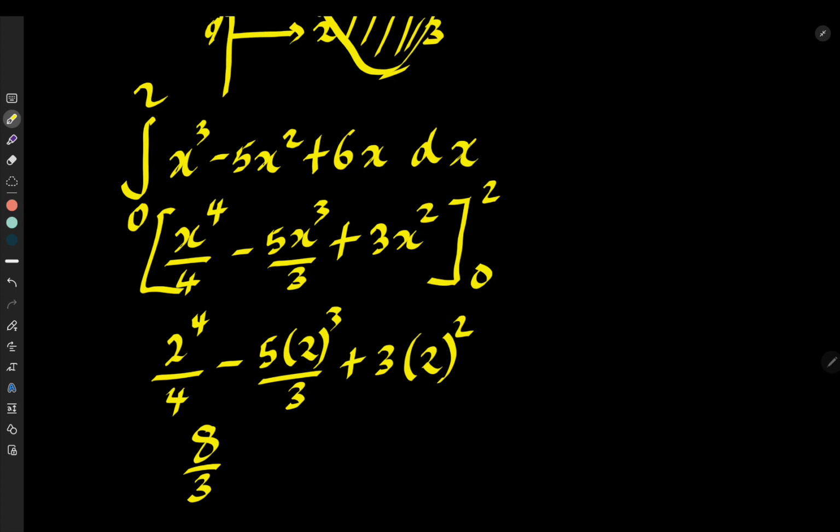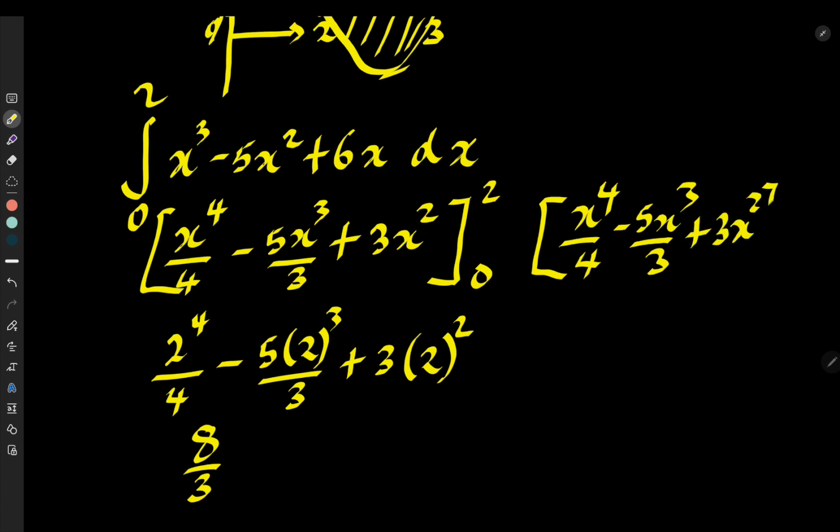Once again, we do the integral of that, but in this case, we put our limits as 2 to 3. That will be x to the power 4 over 4 minus 5x cubed over 3 plus 3x squared with the limits 3 and 2.